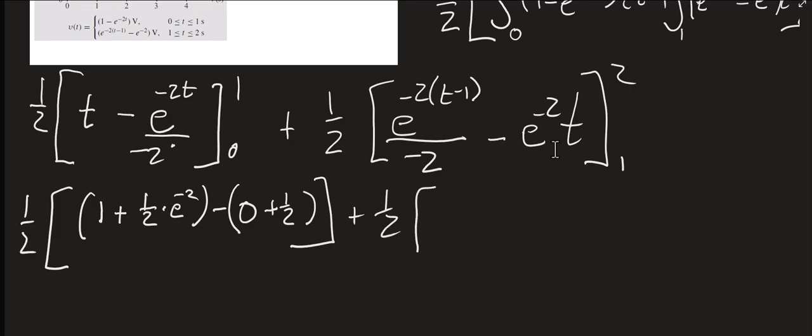And then plus 1/2, and if I plug in 2, I get e to the minus 2 over negative 2 minus 2e to the negative 2 minus, and then if I plug in 1, yeah.